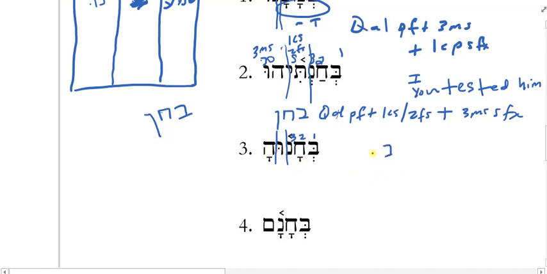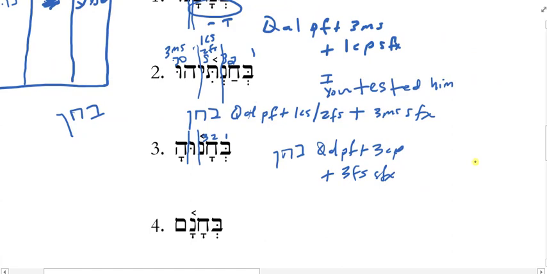I have bahan, again, cal perfect. Now, the shurik on a cal perfect is what? 3CP. Plus, what's the direct object pronoun ha? 3FS. 3CP gives me the subject, 3FS gives me the direct object. So how am I going to translate this? Subject, they tested, and who did they test? Her. They tested her. Okay?